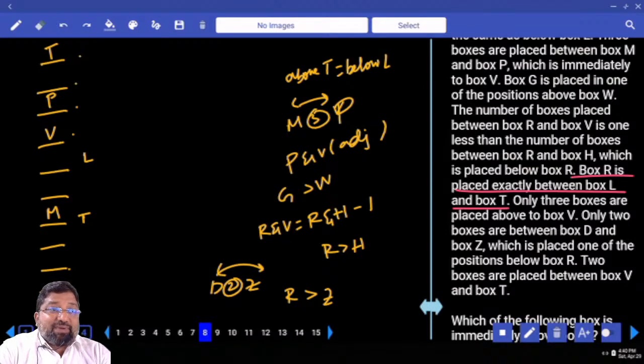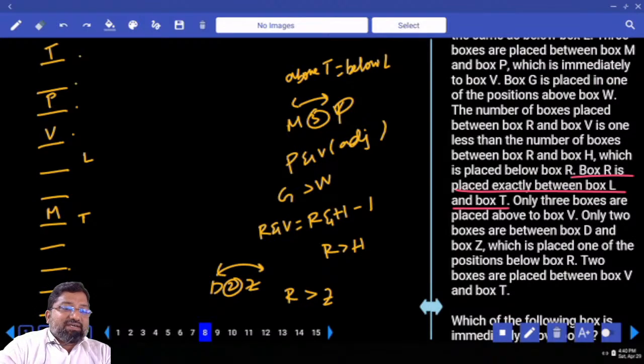Box R is placed exactly between L and T. I had underlined it there as well. Box R is placed exactly between L and T, which means T is in the top most position, L is in the bottom most position. Total number of boxes is 11.